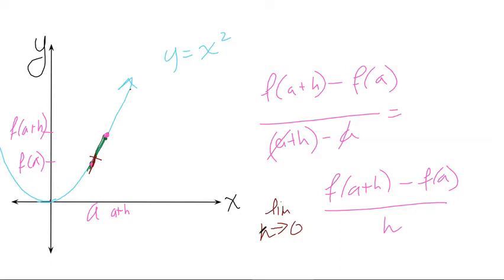Remember, a limit as h approaches 0 does not mean when h is equal to 0. If we set h equal to 0, then this function is undefined. There's no solution to that. Well, as h approaches 0, we are going to notice that we have a proper slope over here.